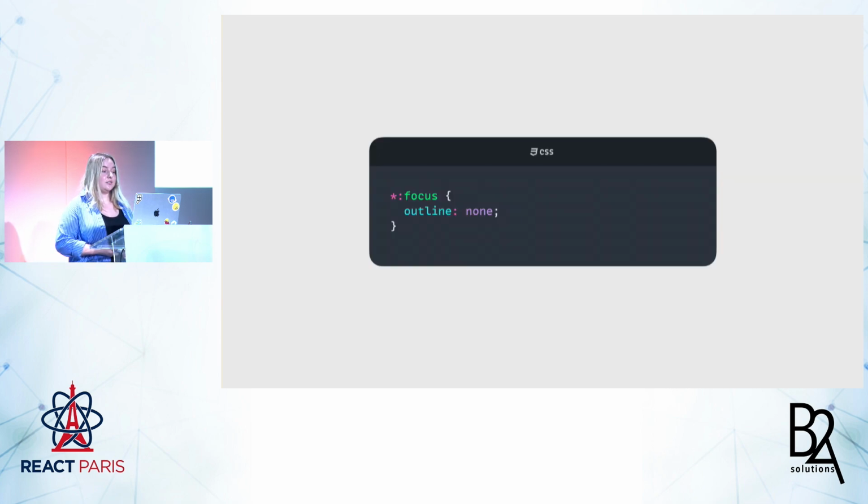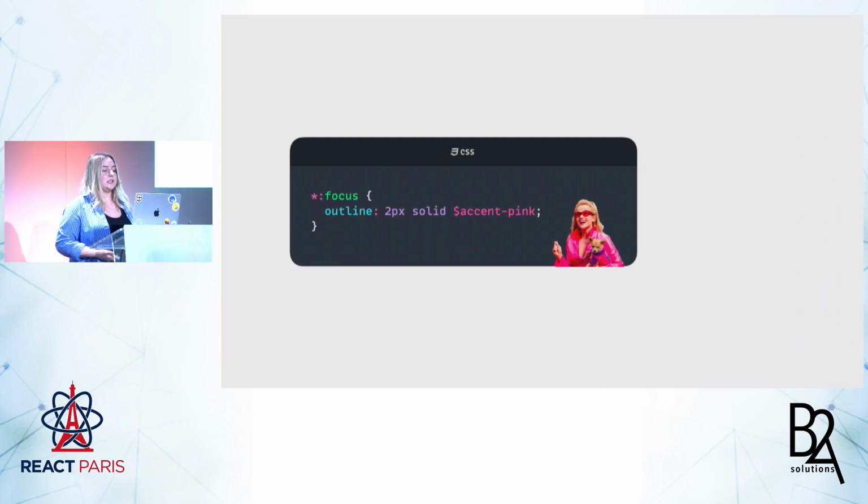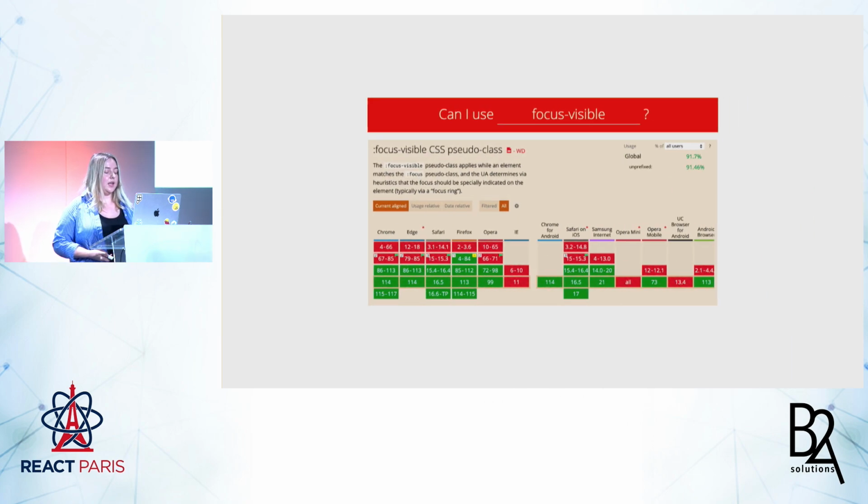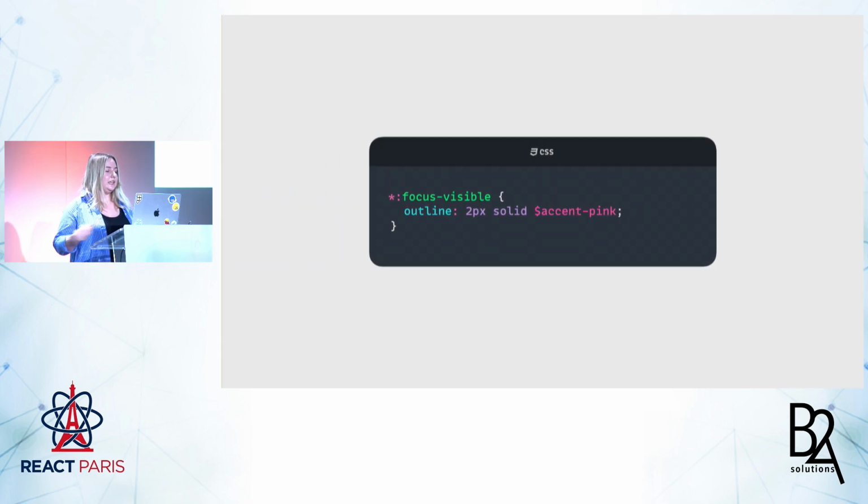So instead, we can create our own focus outlines. We can customize it. I made it pink to give it something a little extra. But also, CSS, which is already very well supported, has the focus-visible pseudo-class. It basically allows us to keep the UI aesthetics for all of the mouse users, because you know sometimes when you click, the focus outline is left on that button, but still leaves it functional and legible for keyboard users.